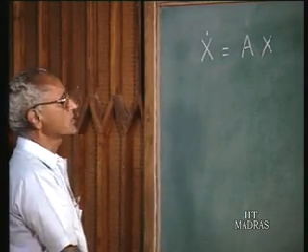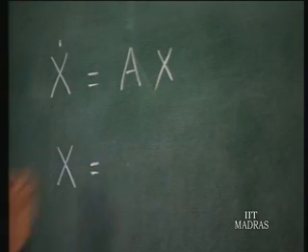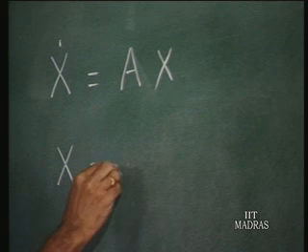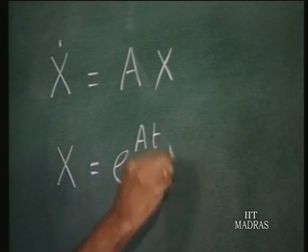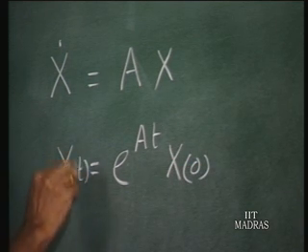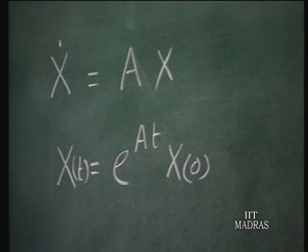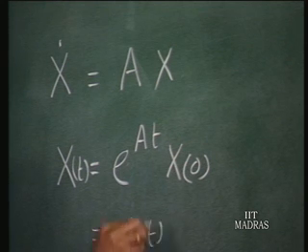We said the solution for this can be put in the form x of t equals e raised to the power of at times x0. This is x of t, and we said that e to the power of at is itself a square matrix of order n, and can be put in a more compact form as phi t x0.